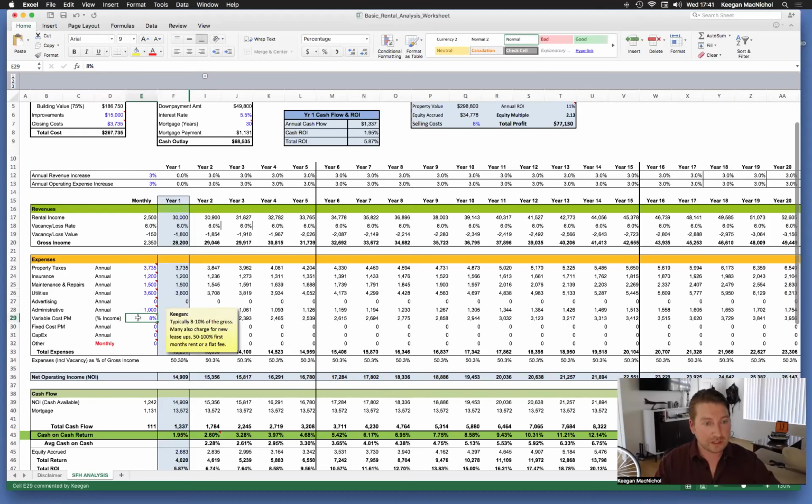Property management. So this is based as a percentage of the income. Typically in your residential income properties, your property managers are charging 8 to 10% of your gross rents. They'll also often charge 50 to 100% of first month's rent when they get a new tenant in there, right? So just something to keep in mind.